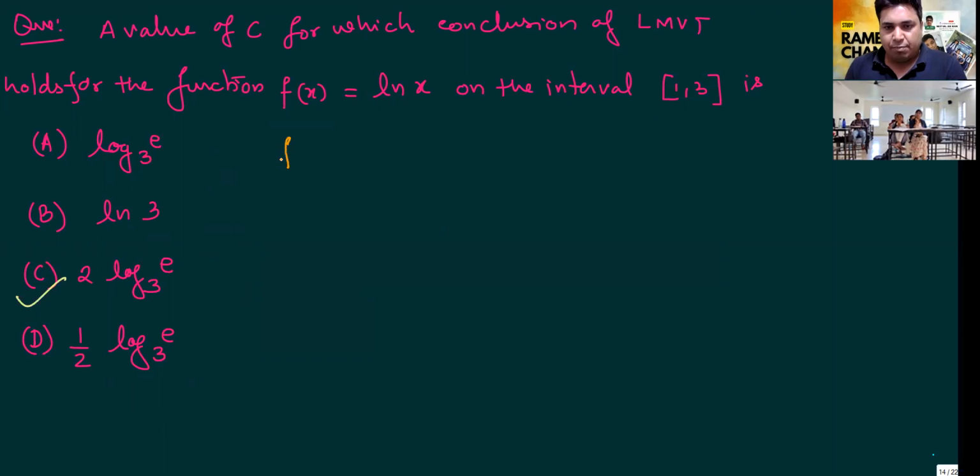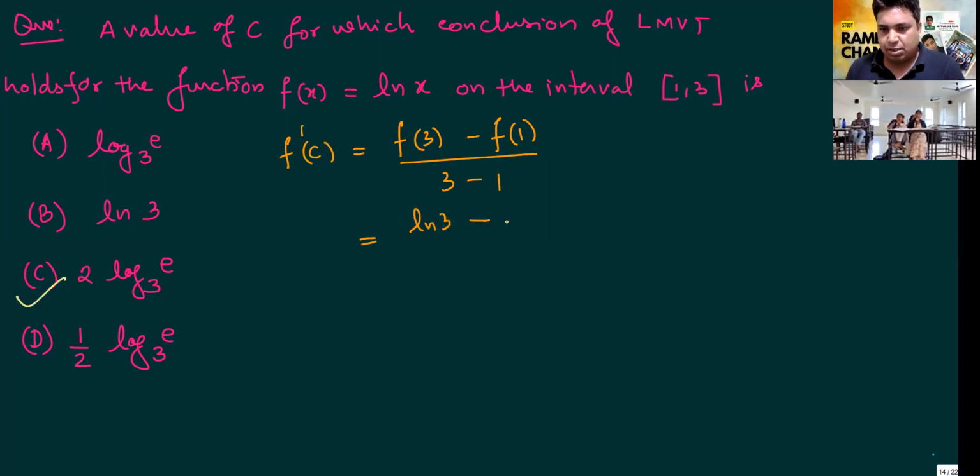So what do we need to find? We need to find f dash c equal to f of 3 minus f of 1 upon 3 minus 1. What is f of 3? This is ln 3 minus ln 1, and ln 1 is 0, upon 3 minus 1 which is 2. Now we need to find f dash x, that is 1 upon x.